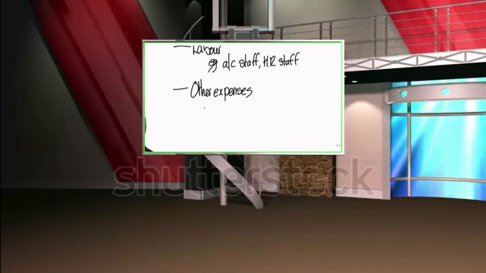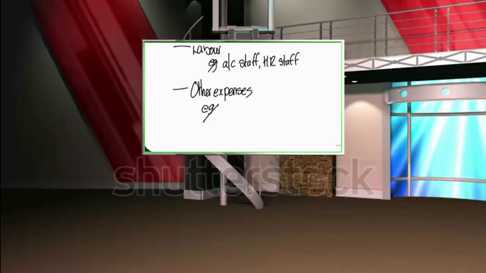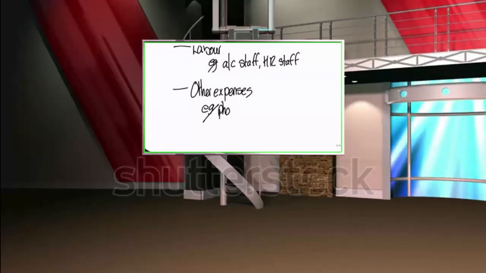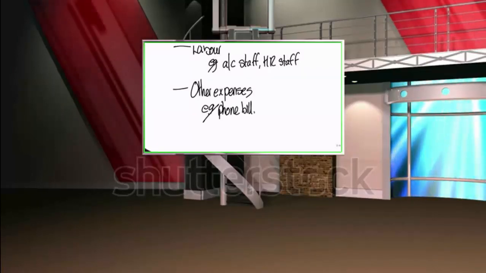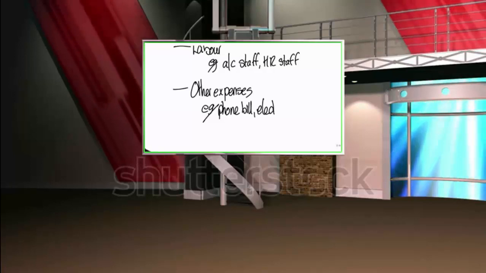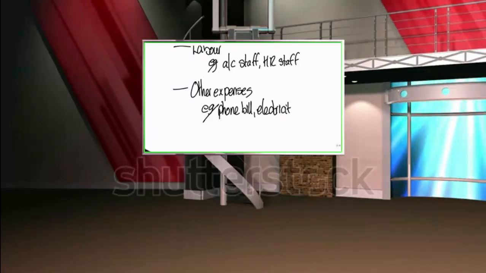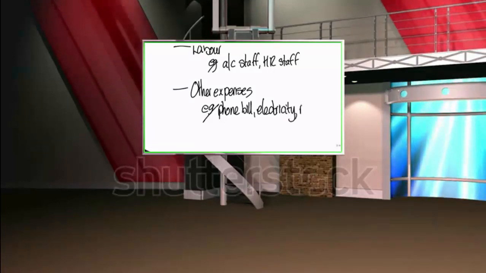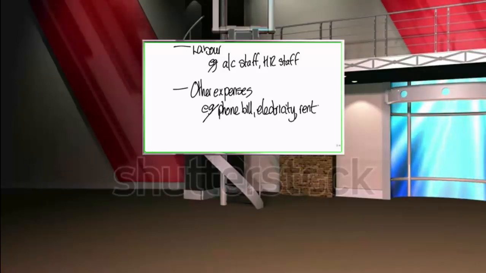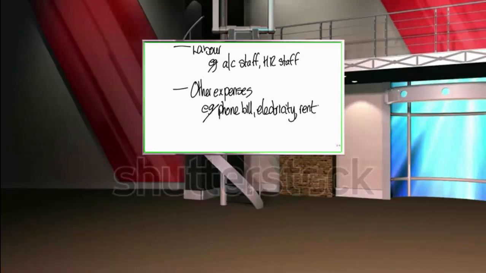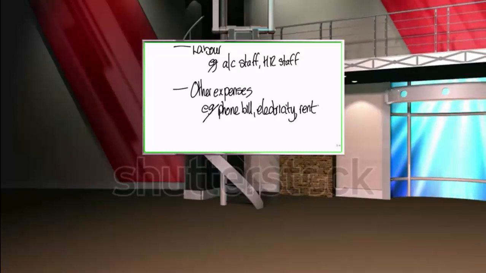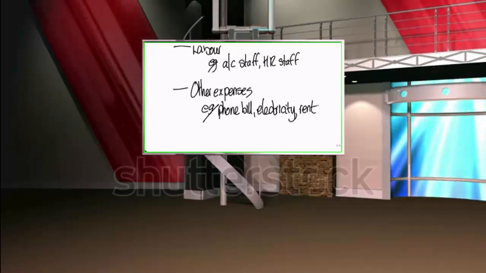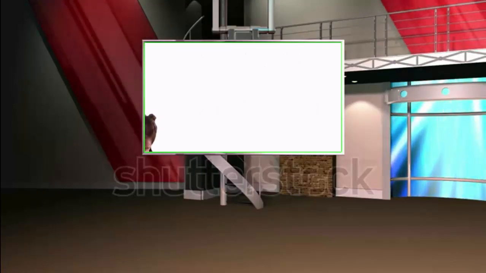So a couple of examples then of our other expenses: phone bills, electricity bill, or perhaps if we're paying rent on a particular building. So that is our first classification, cost by nature. We're going to just consider an example now.